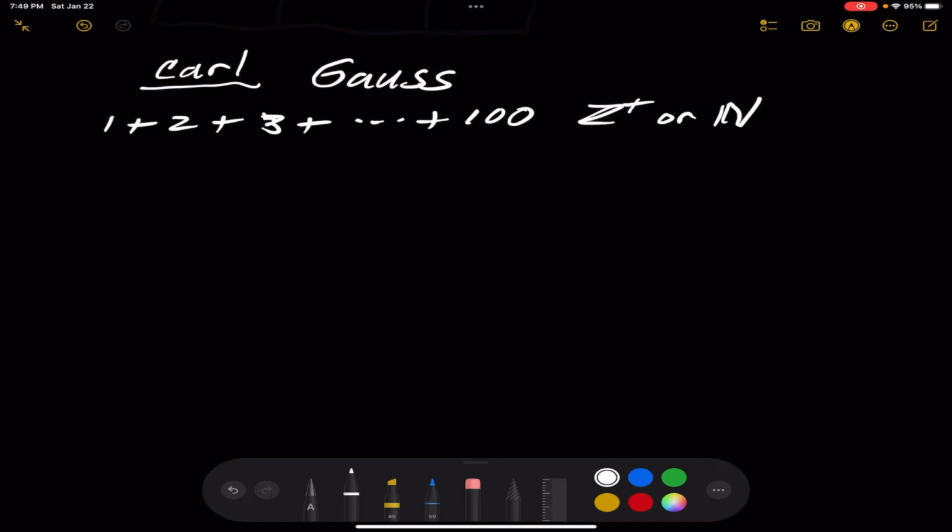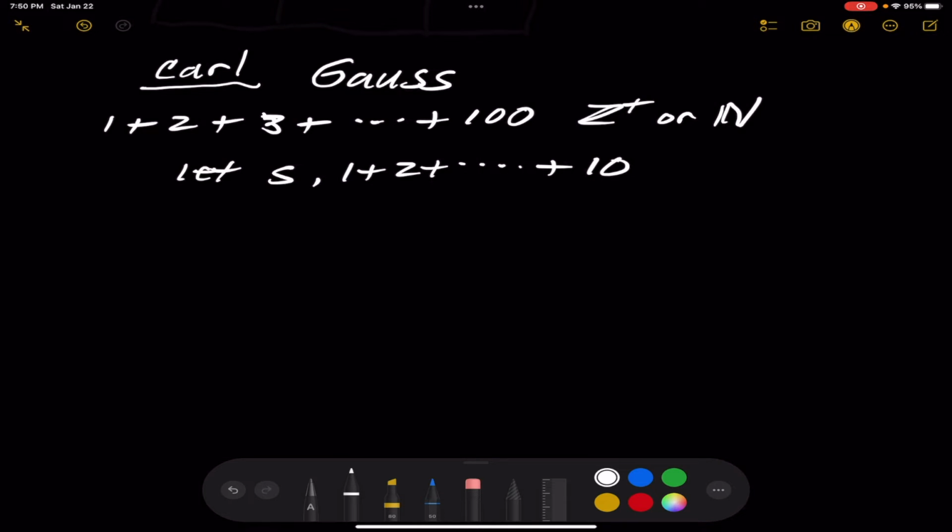What he did was he let this entire sequence of numbers be the sum S. We'll just shorten it to 10 for this discussion. S equals 1 plus 2 plus ... plus 10.